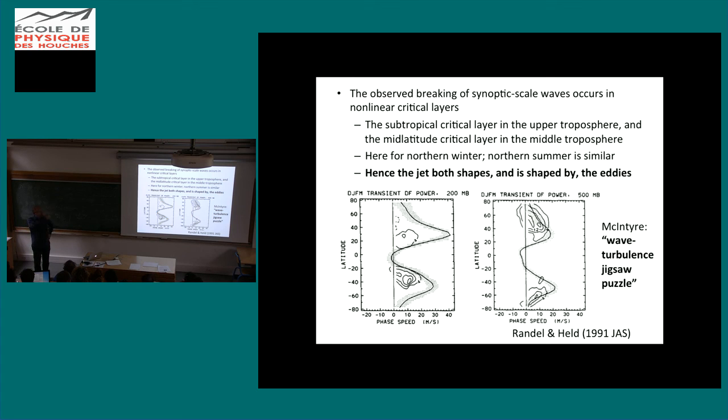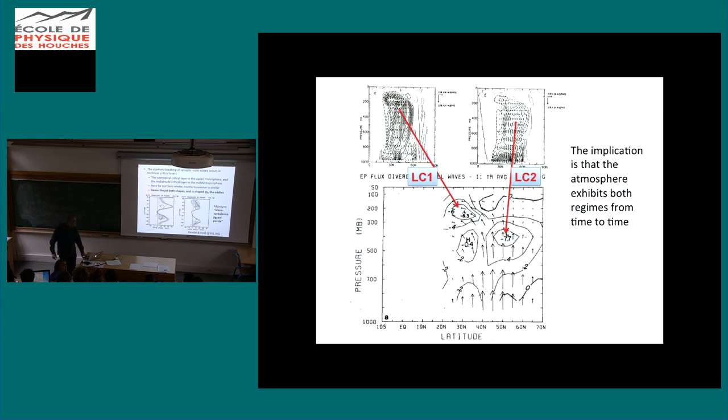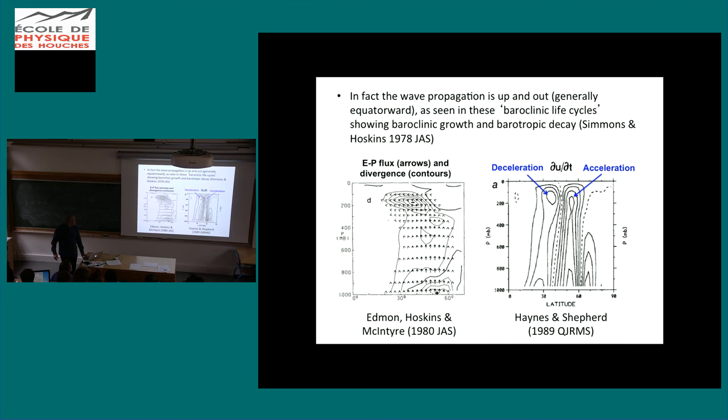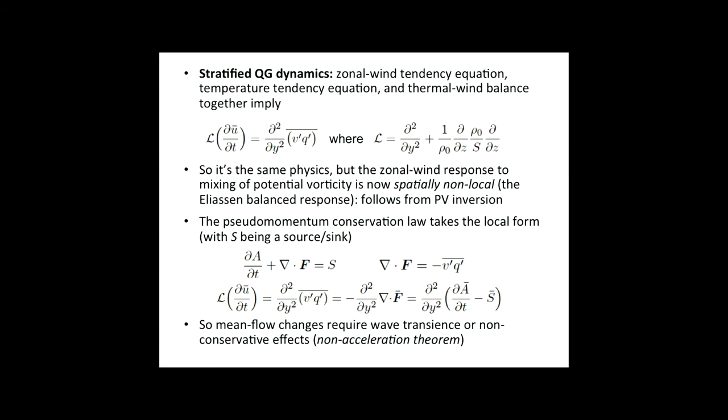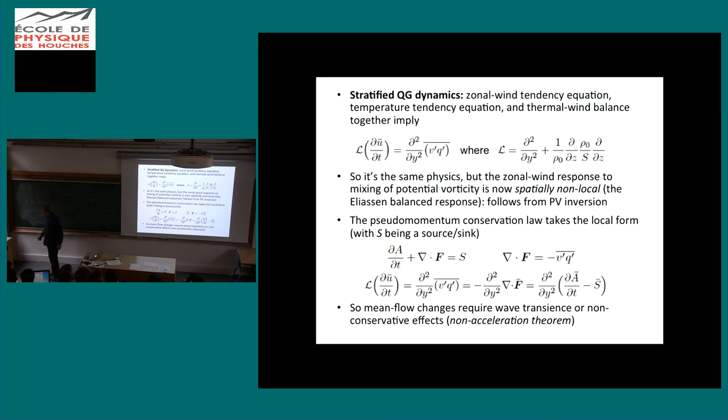So one of the difficulties with this whole theory, in a way, although this is QG, but you can write this in primitive equations, it's a really rigorous theory, but how do you specify this? So we have this equation, so we have to solve this equation.